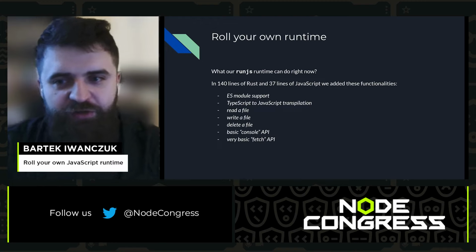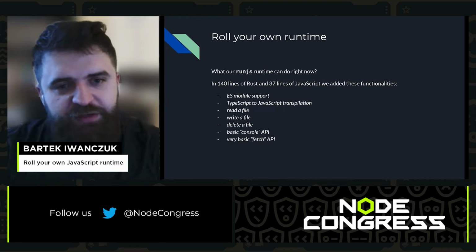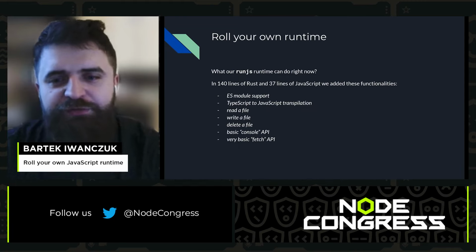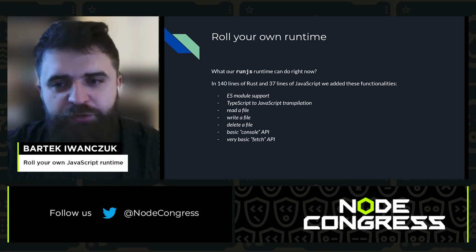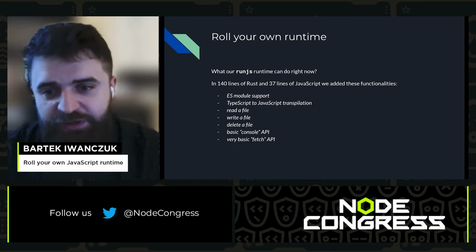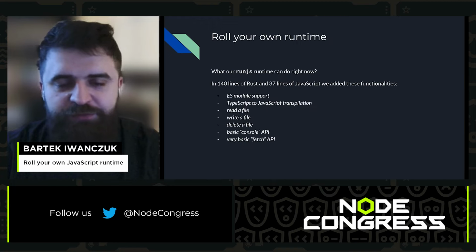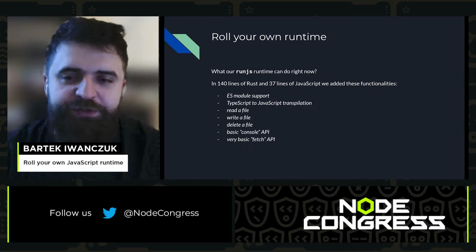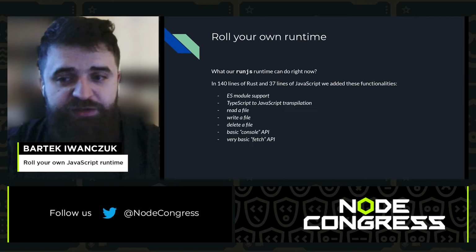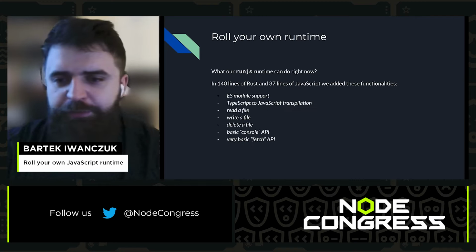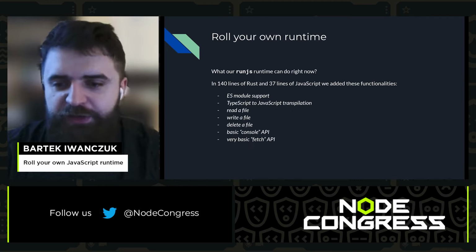Well, it's just 140 lines of Rust and 37 lines of JavaScript, so that's not very much code, but it already has support for ES modules. It can transpile TypeScript to JavaScript on the fly just before execution, similar to how Deno can do it. We got an API to read a file, write a file, and delete a file.